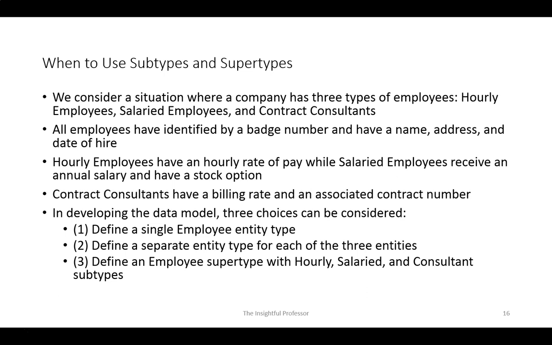Hourly employees have an hourly rate of pay, while salaried employees receive an annual salary and have a stock option. Contract consultants have a billing rate and an associated contract number. When we develop the data model, we have three choices to consider from this scenario.